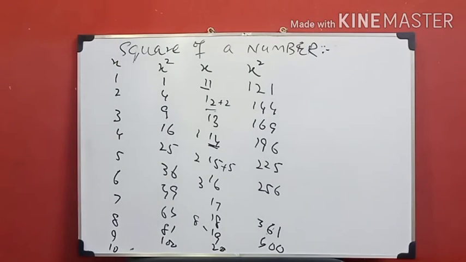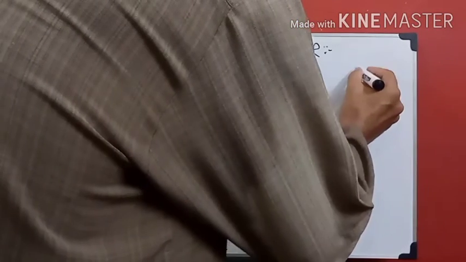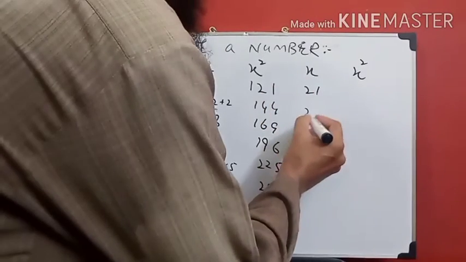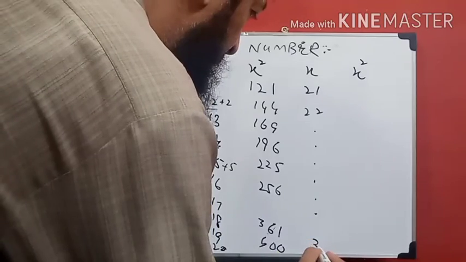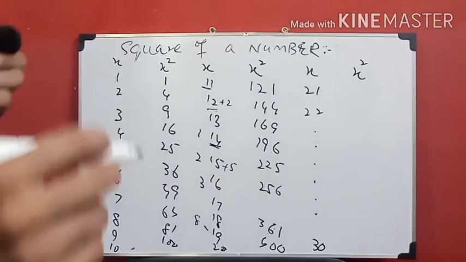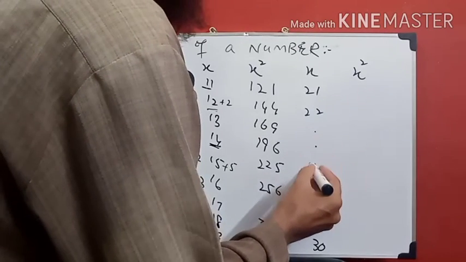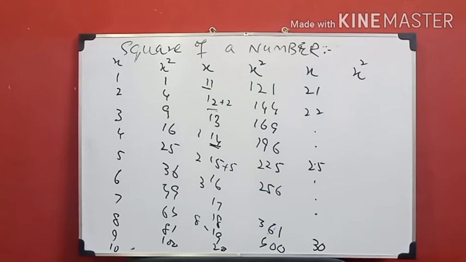Similarly, from 21 to 30, we find the square of these numbers and explain the rules of how we find this.